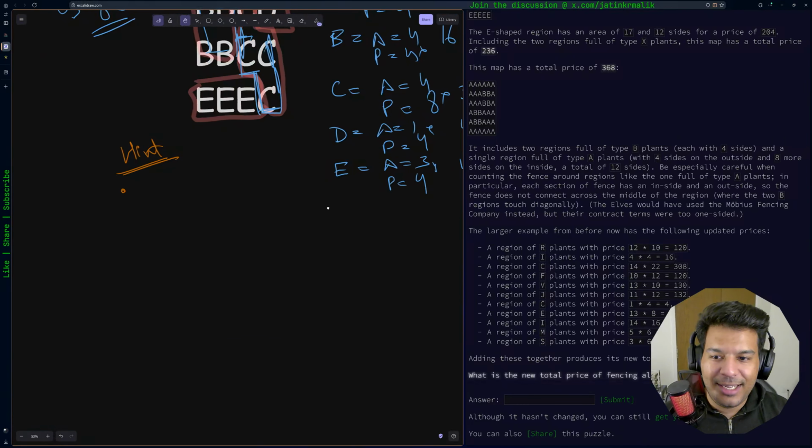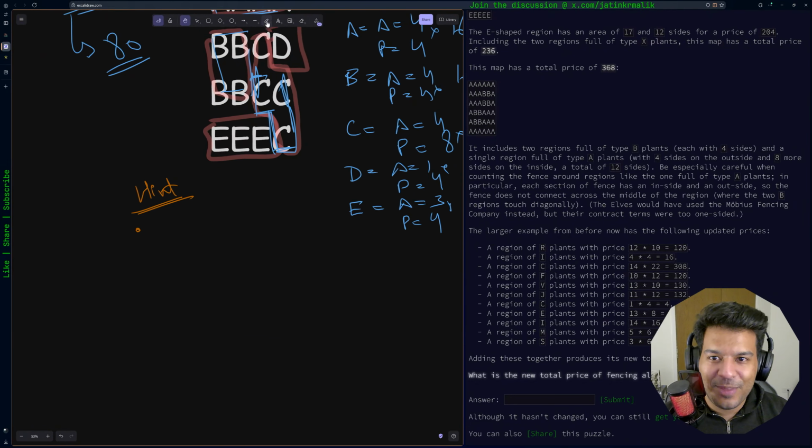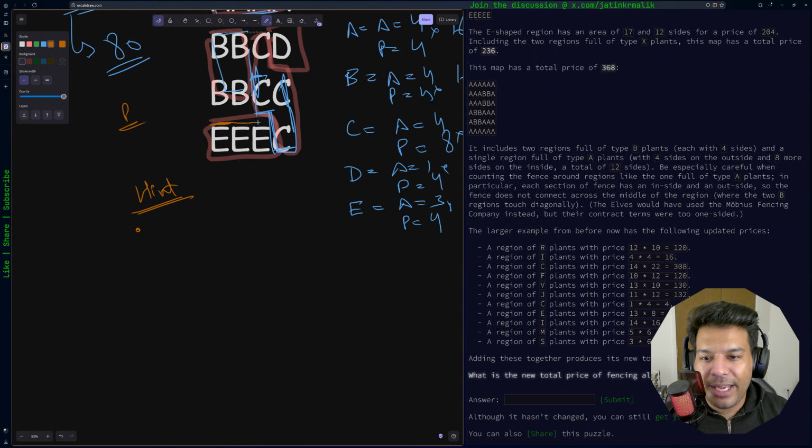Well, in this one, it's exactly the same, but now instead of counting the perimeter for each direction vector, all we need to maintain is the count of the number of times the direction vector changes.